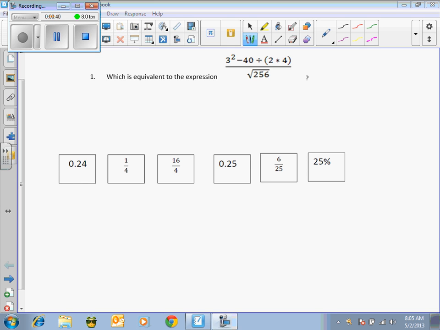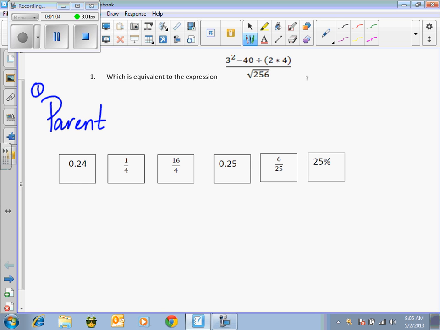So first things first, we need to remember what order we need to solve problems like this when we see them. And the first thing we need to do, and this is a universal order that we always want to use no matter what type of problem that you have, is parentheses. Parentheses includes all types of grouping symbols.